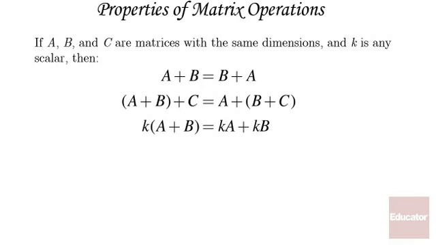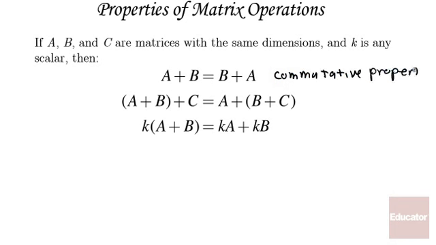Just as we have certain properties when we're working with operations on regular numbers and variables, there are also properties that regulate matrix operations. So if A, B, and C are matrices with the same dimensions and K is a scalar, then the following hold. This first one you'll recognize as the commutative property of addition.